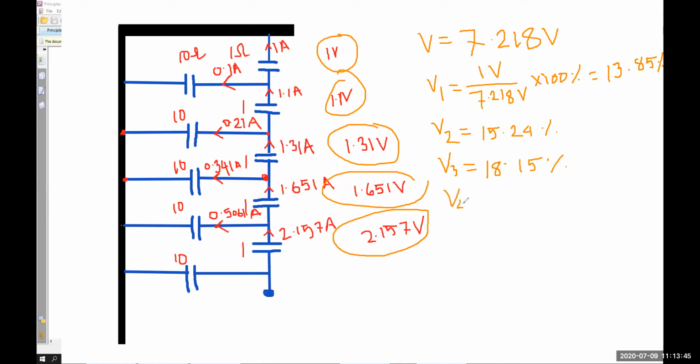What about your V4? V4 will be 1.651 divided by 7.218, percentage will be 22.87. Now your V5, the final one.